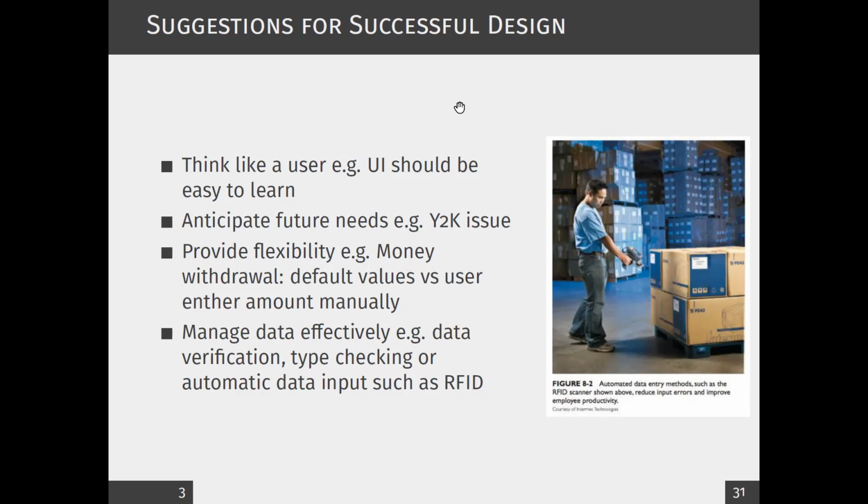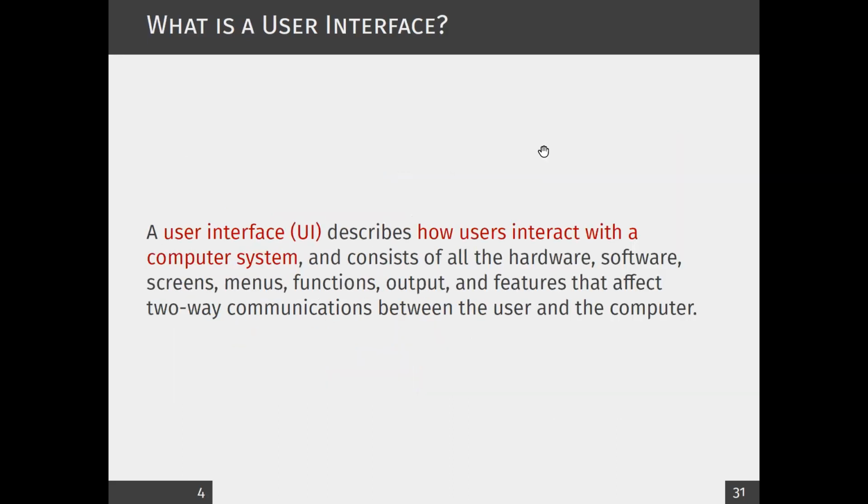Right. Now, having understood these successful designs, let's try to understand what this user interface is. Simply, you can say it's the way users interact with the computer system. In a computer system, we have hardware, software, screens, menus, functions, and output features.